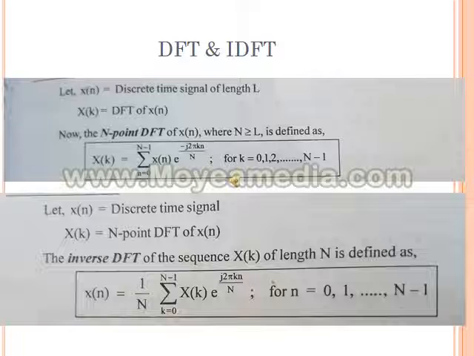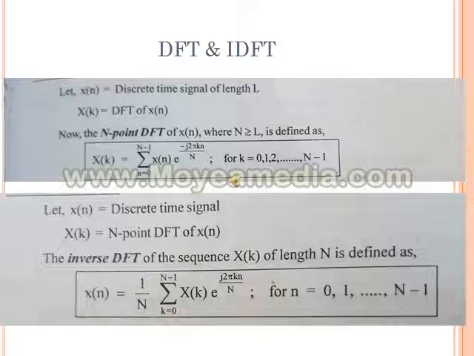In the DFT case, because we want to take the DFT of x[n], the limits are small n equal to 0 to N minus 1.